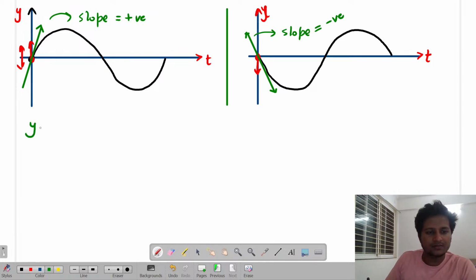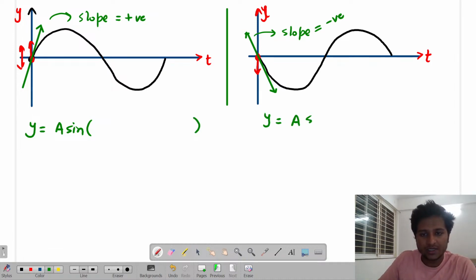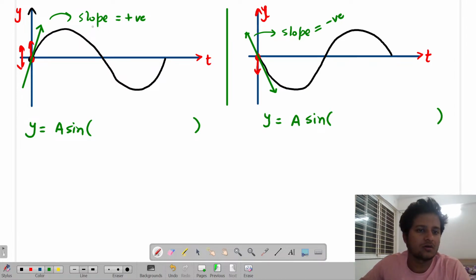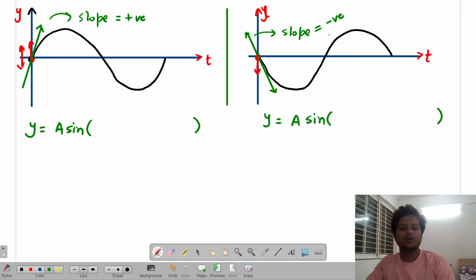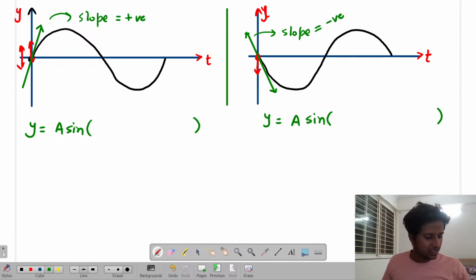If I write, both are not correct. That's what we have to see now. See, the slope is providing us the idea or not. For here, the slope is positive, and for here, the slope is negative. Got it? Yeah. So the question arises that which one of the following you are going to pick up? That's the biggest question or not?